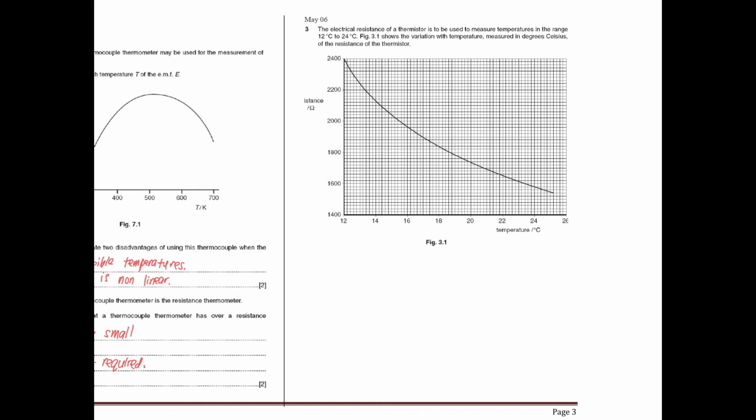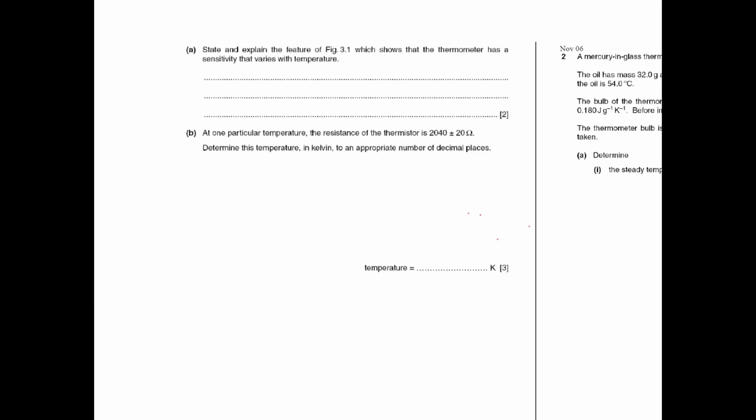Figure 3.1 shows the variation with temperature measured in degrees Celsius of the resistance of the thermistor. Okay, so they give us a graph. Let's look at the next page.